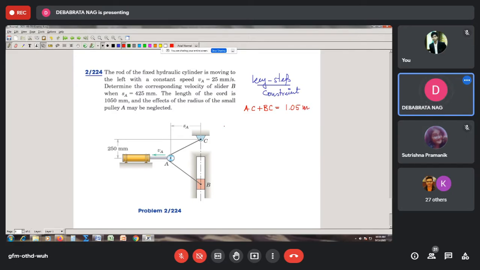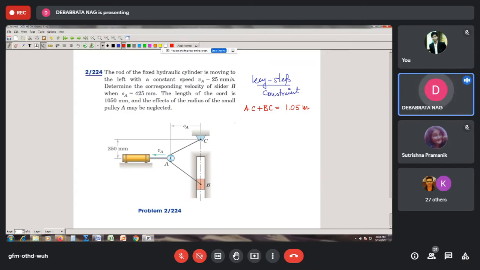On the other hand, you see from here, this distance is 250 millimeter, and at the instant we have to study the velocity, SA is 425 millimeter. But please remember, this is not constant. SA equal to 425 millimeter is the instantaneous figure.